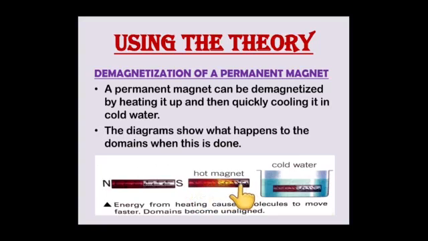This makes the domains unaligned and demagnetizes the magnet. Thus, the theory of magnetism explains well the effects of magnetism and helps us to use it.